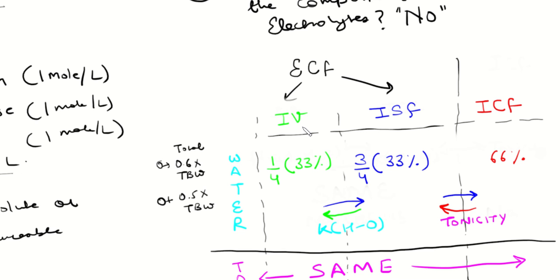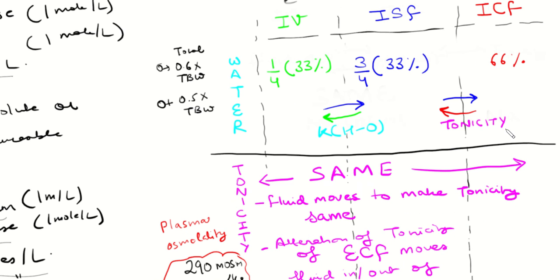Exchange of fluid between intravascular and interstitium is based on the equation. Remember, K times hydrostatic pressure minus oncotic pressure. That will get the fluid in and out. And then the tonicity will have fluids shift between interstitium and intracellular fluid, right? We've covered this already.